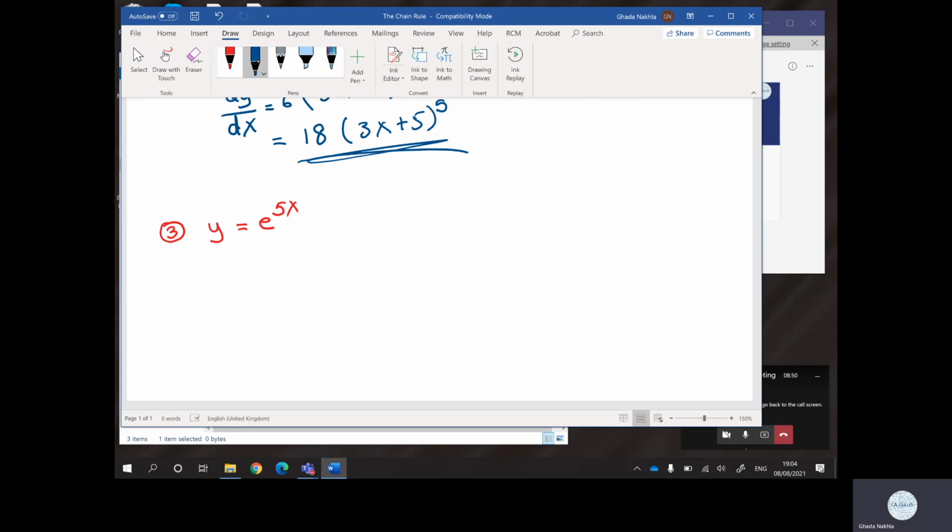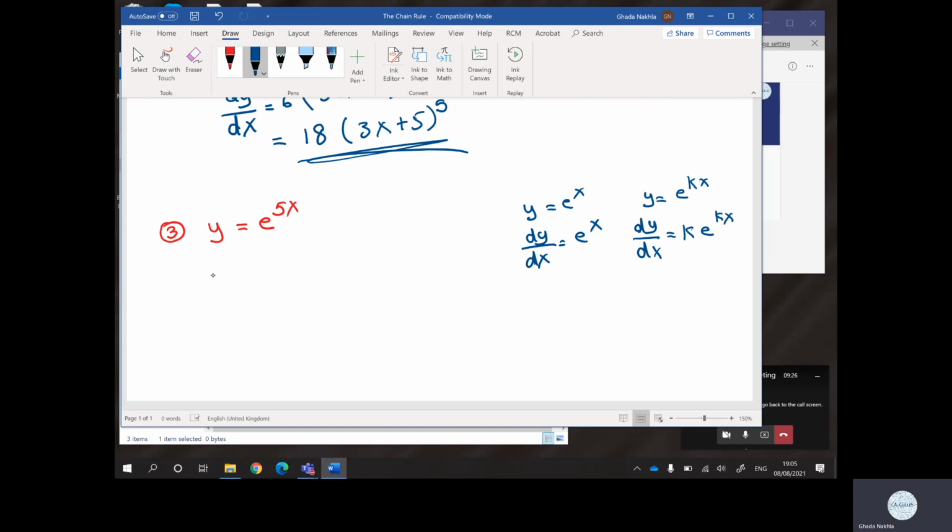Okay. The rules are, if y equals e to the x, dy by dx is equal to e to the x. So when you differentiate e to the x, you get e to the x. If y is equal to e to the 5x, or instead of the 5, let's call it kx, then you end up with k e to the kx.